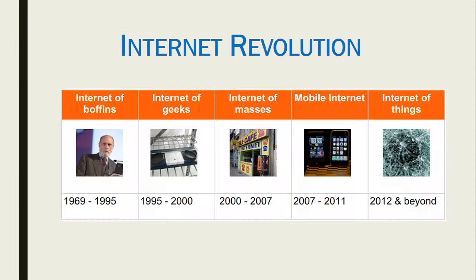So, the internet revolution. We are all very familiar with the internet because we have grown up with it. It has been with us in its popular format for more than 15 years.